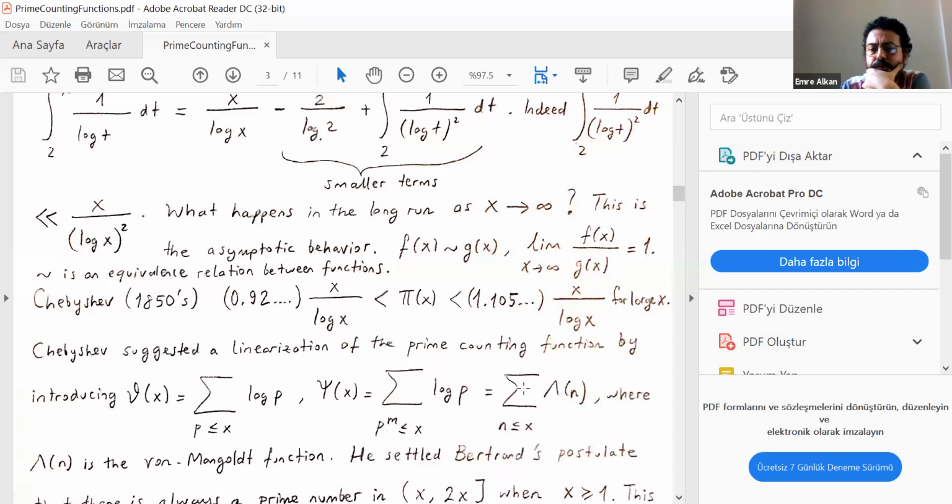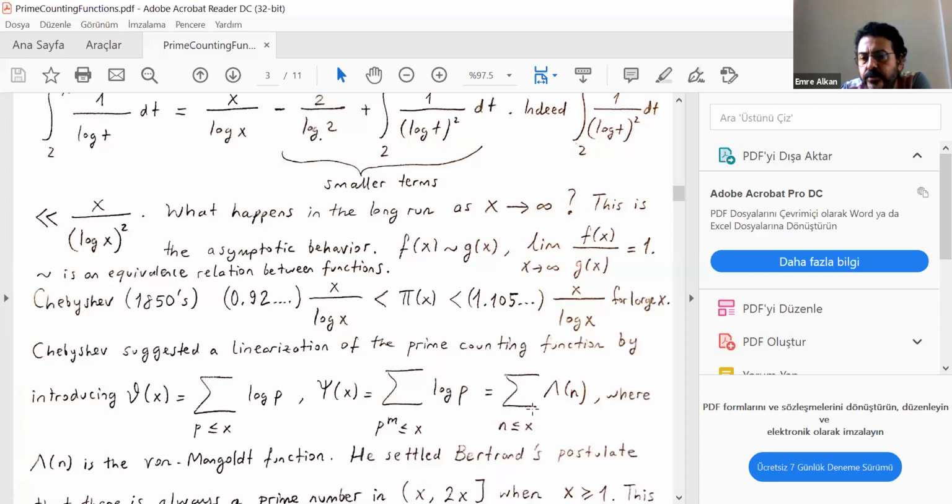Now, what is this good for? Because this ties with generating functions. So really then, if you go to the Dirichlet series of lambda of n, you connect it to the Riemann zeta function, and it turns out that it's equal to minus zeta prime over zeta.